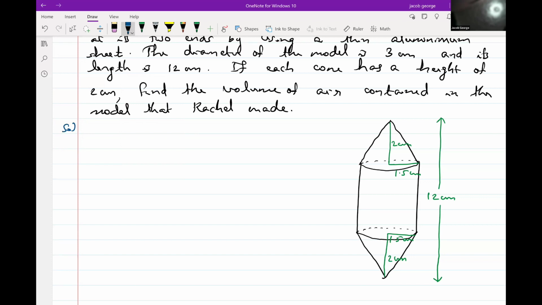Okay, so did you complete the diagram? All of you finished till here? Yes, done. Now we write the dimensions.